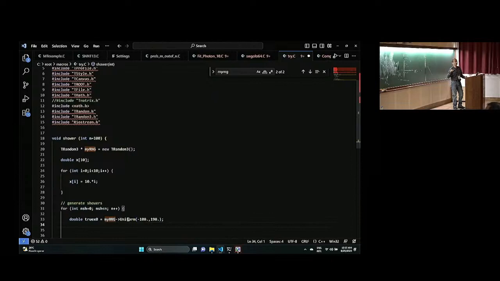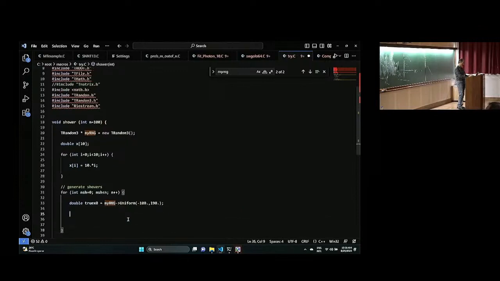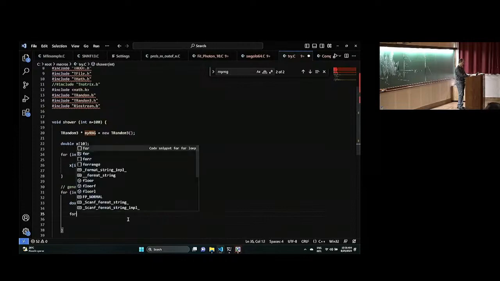Questions? No questions. Everything clear? Well, I proceed, but you should do the same. And then we can compare our results. So we have to do a loop on all the detectors.